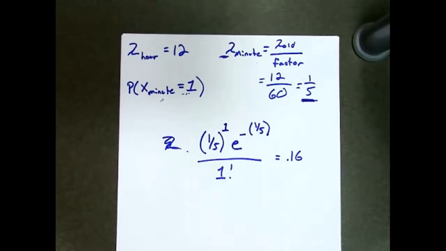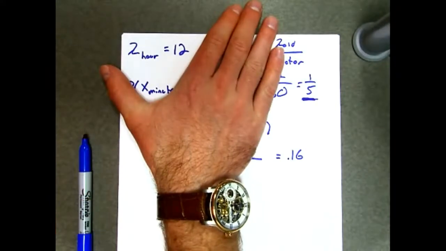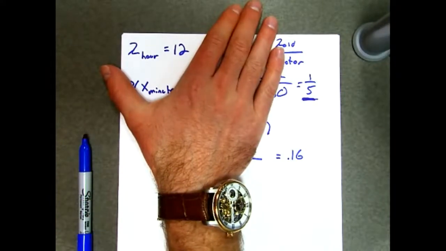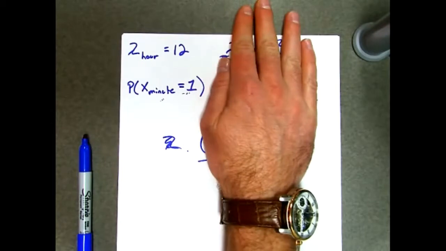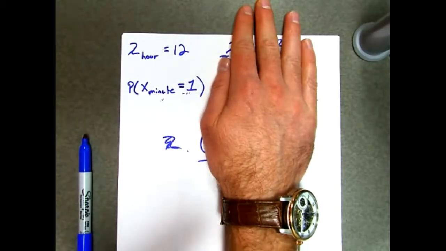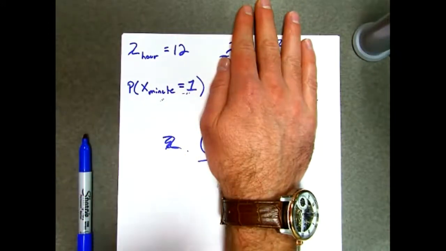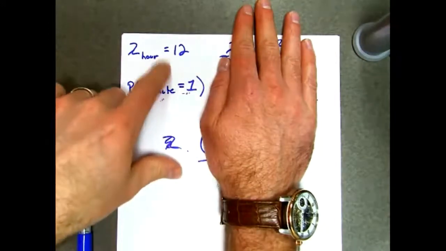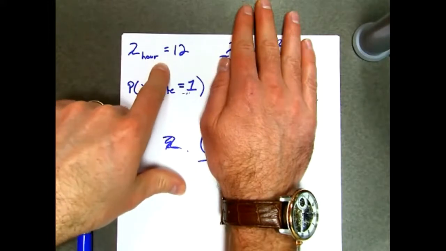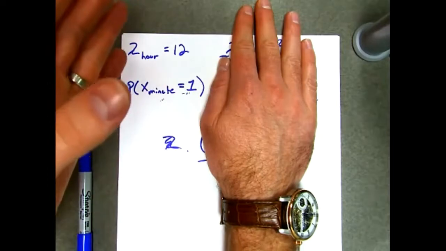So originally, this is all I had: every hour I get 12 emails. I'm then asked for the probability over this next minute that I get exactly one email. I don't know how many emails I get on average every minute, but if I know how many I get every hour, then every minute I should get that many divided by 60, because there's 60 minutes in an hour.